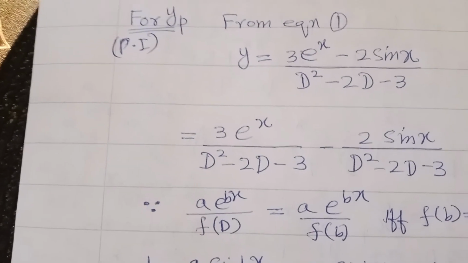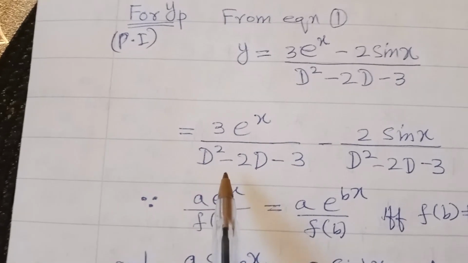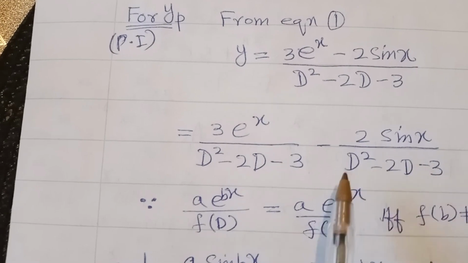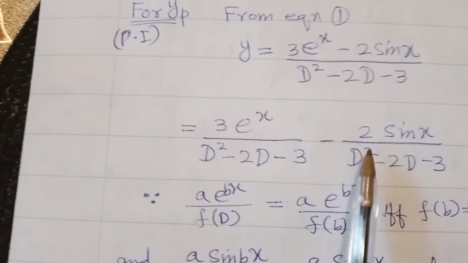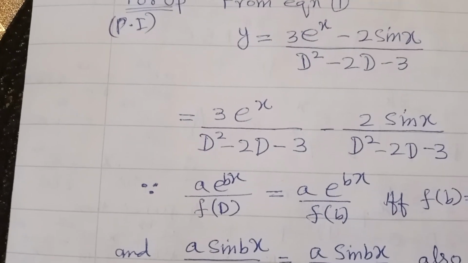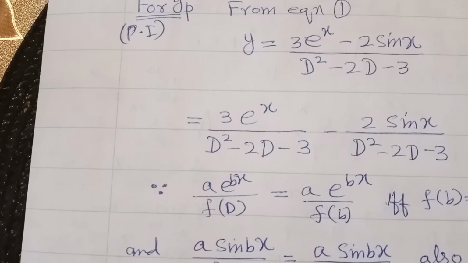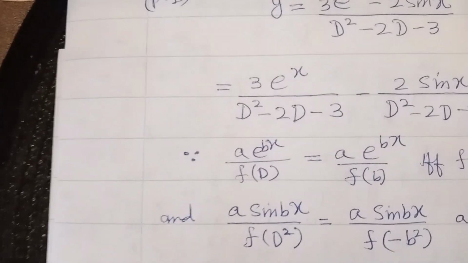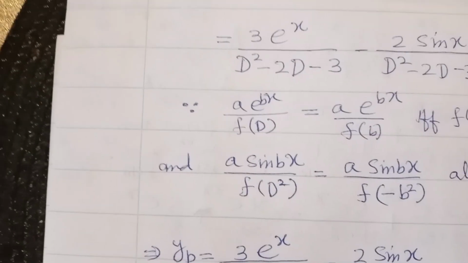By breaking it, it can be written as 3e^x / (D² − 2D − 3) minus 2 sin x / (D² − 2D − 3). Now we have two different kinds of functions in the numerator, so we will apply two different rules: one to find the particular integral for the exponential function, and another for the trigonometric function.